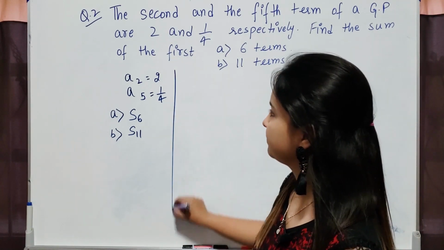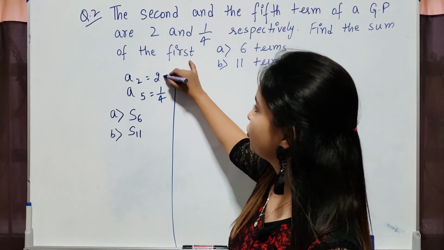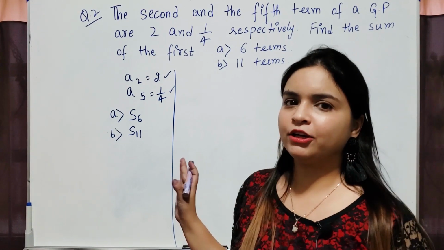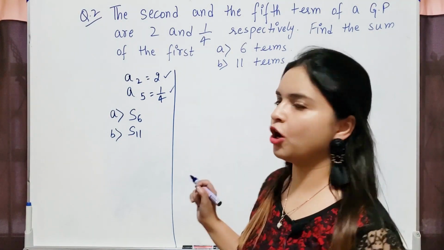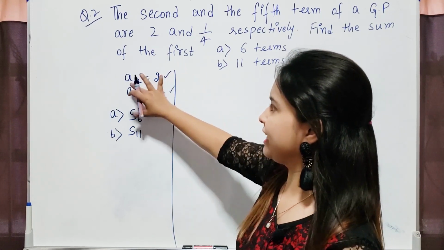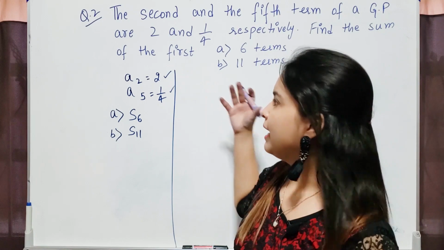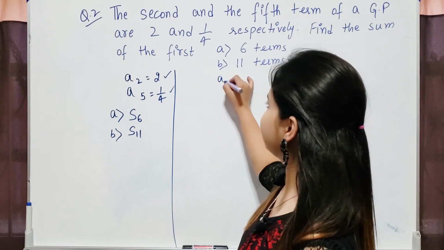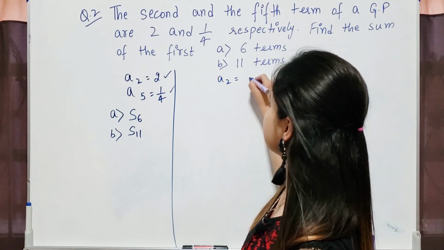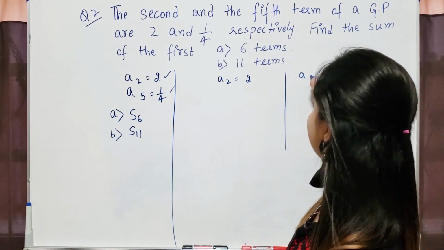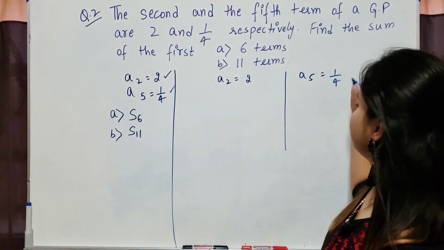Let's start. Now, using A2 and A5, we don't have the value of A and we don't have the common ratio R. So, using these two equations, A2 and A5, I have to find A and R. Write down A2 is 2 and A5 is 1 over 4.